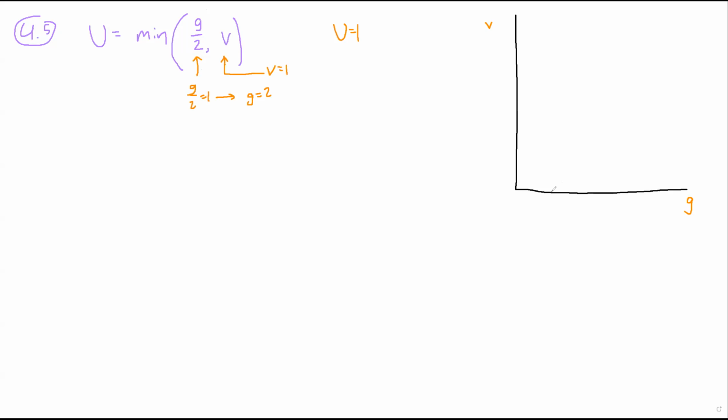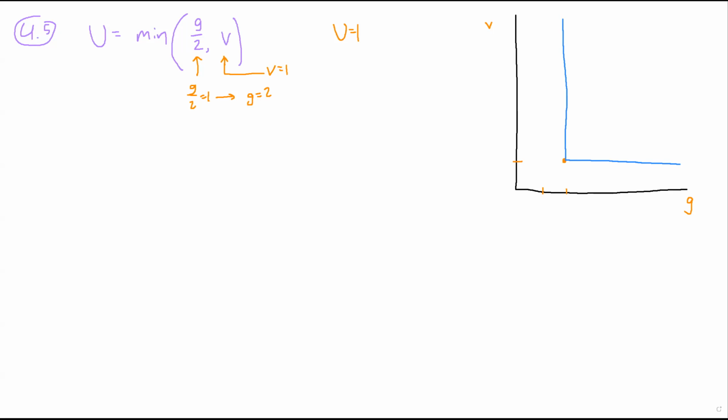G is 2, and V is 1. So this coordinate marks what is going to be a kink in the indifference curve. These are what the indifference curves look like for perfect complement utility.